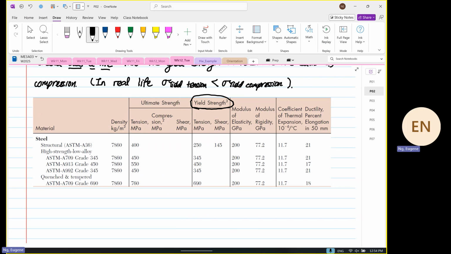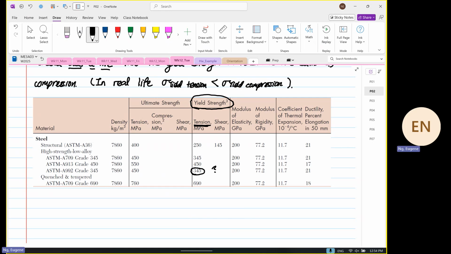But what can you see about the yield strength? Most of the tests are done in what? Are done in tension. Very seldom any of these tests are done in what? Are done in shear. Because tensile tests are easy to carry out, are lower in what? Are lower in cost, right? So what if you want to design something based on this material, which is ASTM A992 grade 345 in terms of shear? Is the shear value given? No, right?